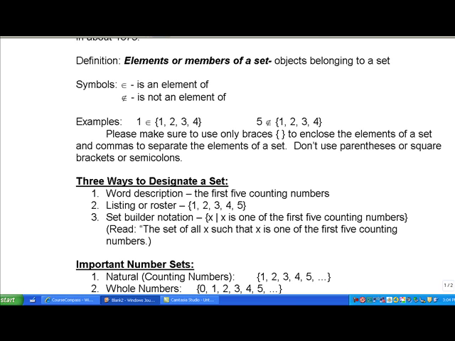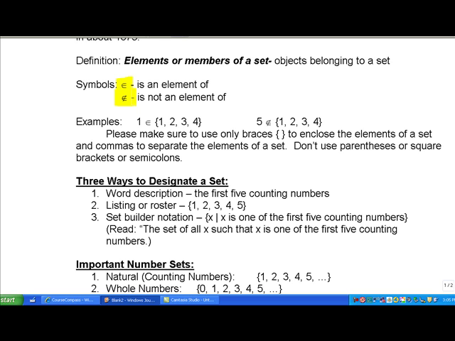Okay, our first basic definition is elements or members of a set. These are the objects that belong to a set, and we have two symbols. The symbol that looks like a funny E means "is an element of" and simply means that something belongs to the set, and of course "is not an element of" simply has the cross hatch through it that says something does not belong to the set.